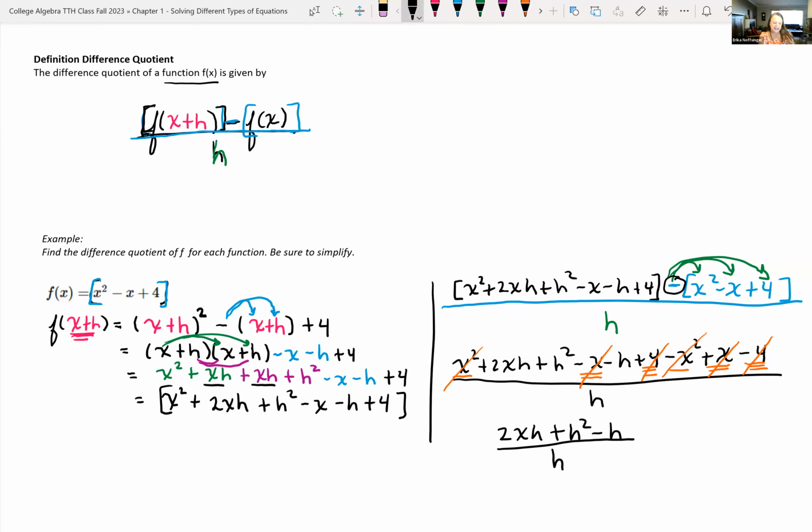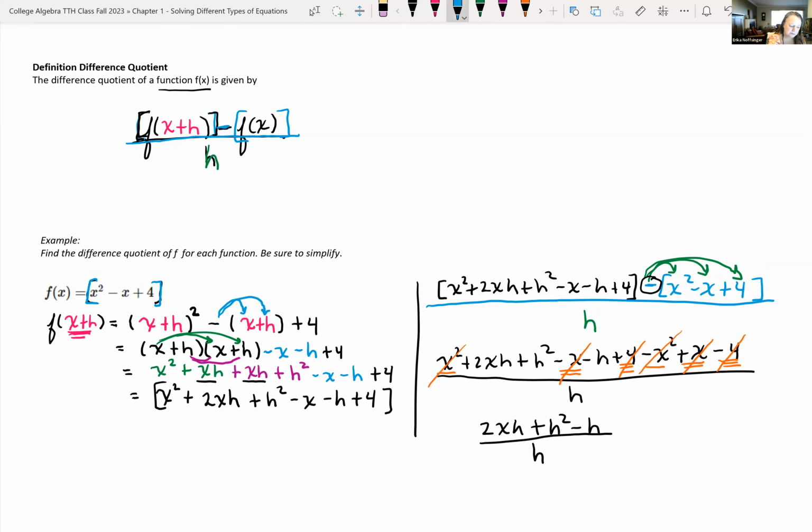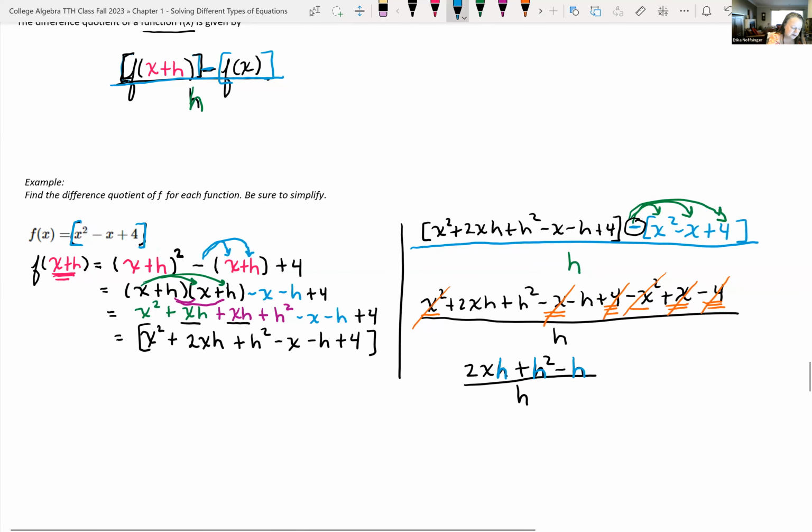So we're almost done. If you did everything correctly, you should have a factor of h on top that you can pull out and simplify with the h on the bottom. Notice that each term in the numerator has at least one h. If I take an h out of 2xh, I'm left with just 2x. Plus, if I factor an h out of h squared, I'm left with h.